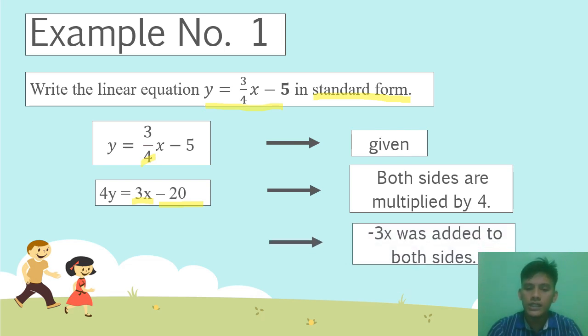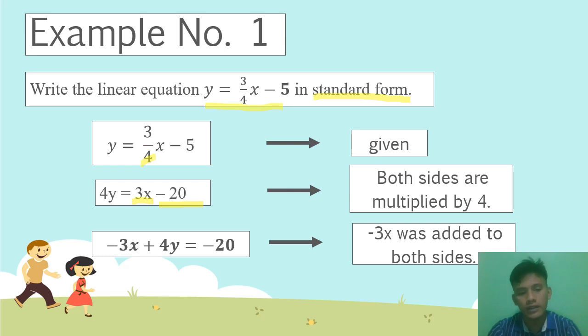Negative 3x was added to both sides because we need to eliminate 3x from the right side. So negative 3x plus 4y on the left side is equal to 3x from the right side plus negative 3x that is added.